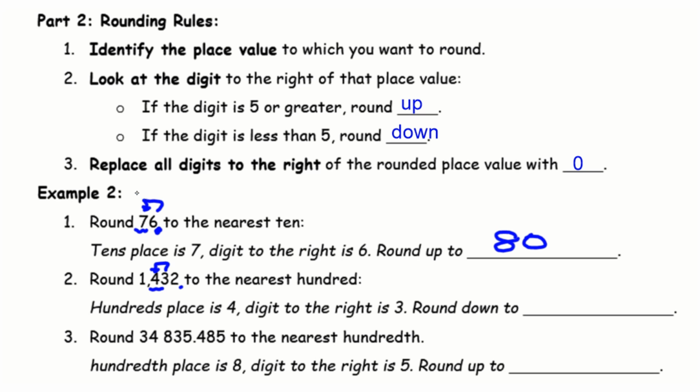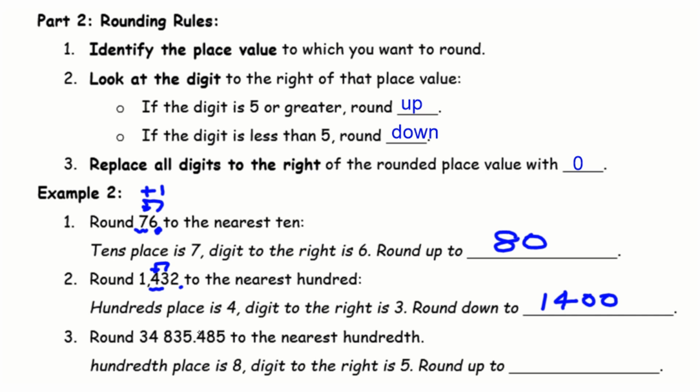Round up means plus 1, so here it stays the same. Then we copy the number from the left, 1, 4, we don't change it, but the numbers to the right, we replace with 0. So 1432 we round down.